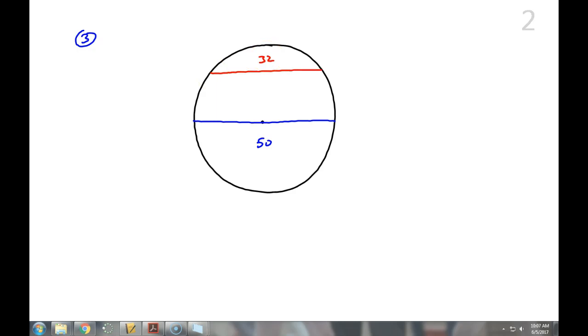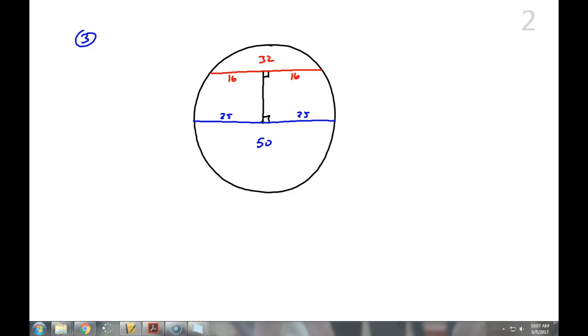Now, since the chord is parallel, I have 90-degree angles here. And since the radius hit it at 90 degrees, I can break it up into pieces, 16 and 16, and 25 and 25. And I should be able to use Pythagorean Theorem here.